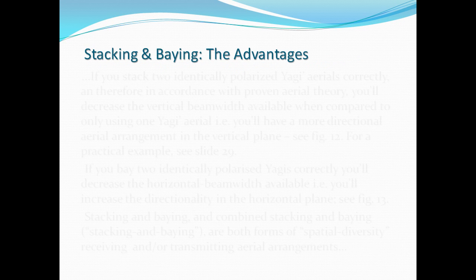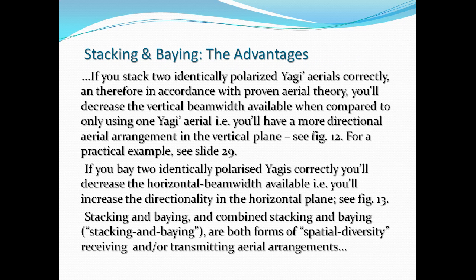Stacking and baying, the advantages. If you stack two identically polarized Yagi aerials correctly, and therefore in accordance with proven aerial theory, you'll decrease the vertical beam width available when compared to using only one Yagi aerial. That is to say, you'll have a more directional aerial arrangement in the vertical plane. See Figure 12. For a practical example, see Slide 29, which features the use of two stacked Yagi aerials for a telemetry system.